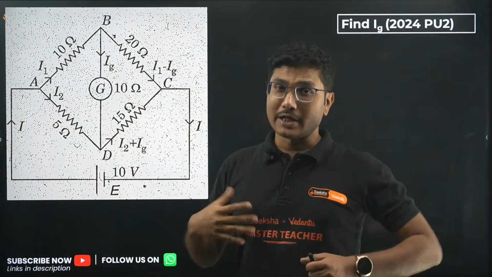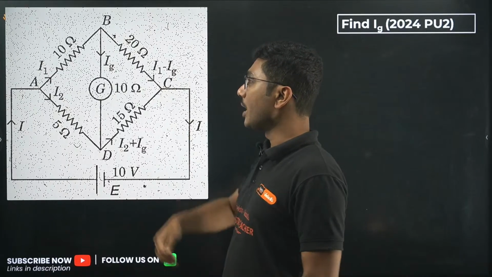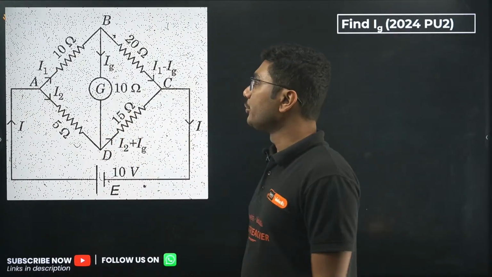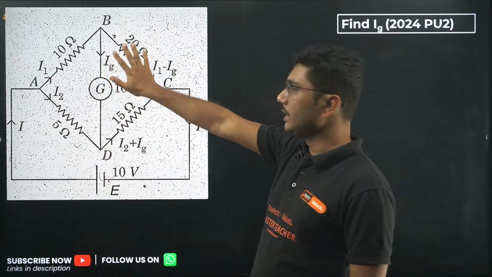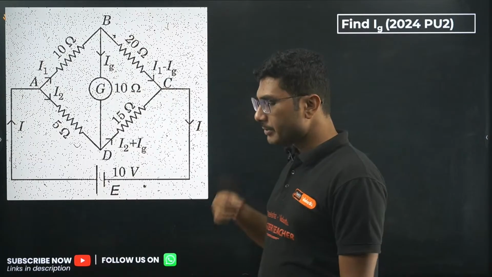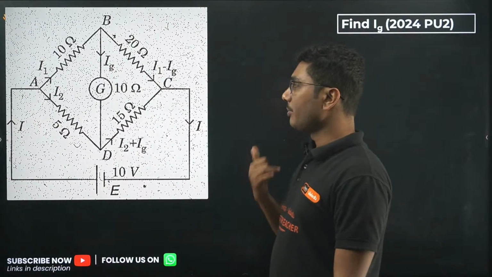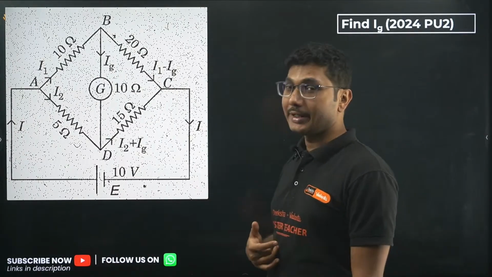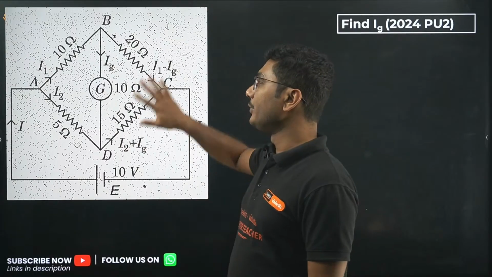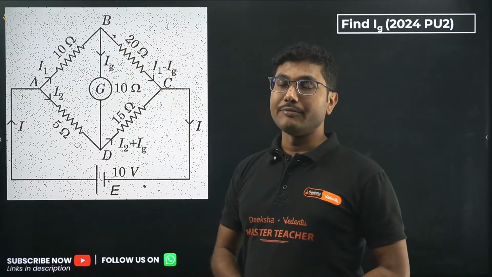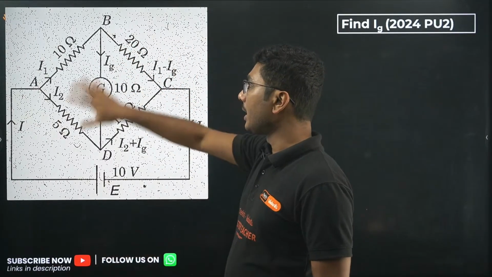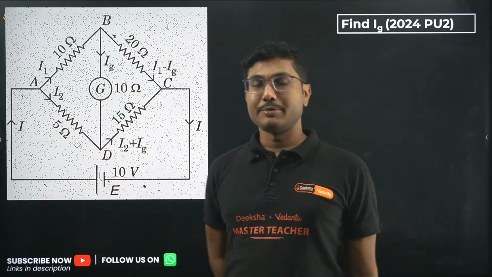So the Kirchhoff's current law portion that you have to do at the beginning, you don't need to do it. That is already done here. If the circuit problem is complicated, remember this, mostly they will give you the Kirchhoff's current law part covered in the diagram itself.